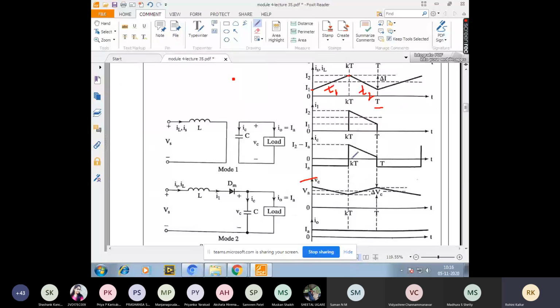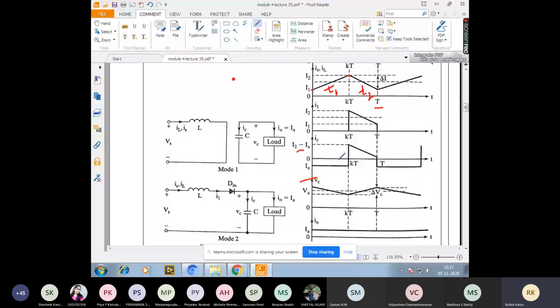At T1 the current passes through the capacitor, because of which there is an increment in the capacitor current. It reaches a point called I2 minus IA, which is the current obtained at the capacitor during mode 2.